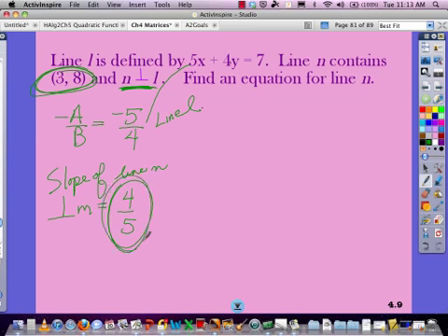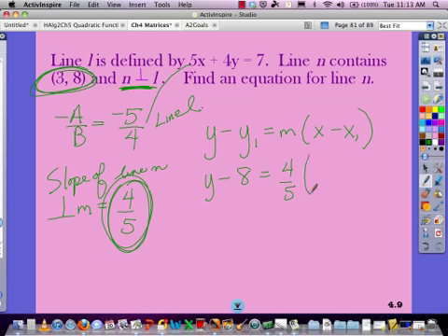We have our two pieces. Look carefully at what they are. One is a point, one is the slope, and we're going straight for point-slope form, which we should know as this. And so let's put our values in. We have our point (3, 8), so it would read y minus 8 equals our slope 4/5 times the quantity x minus 3.